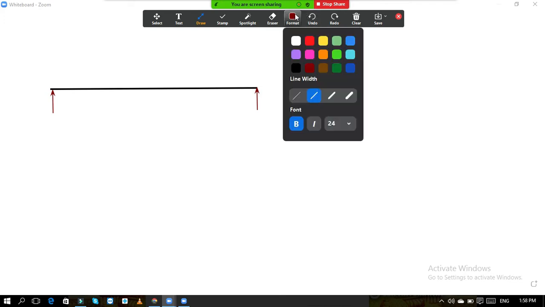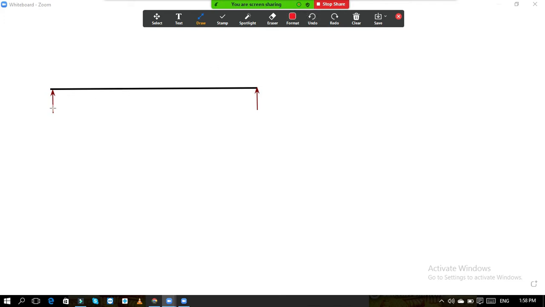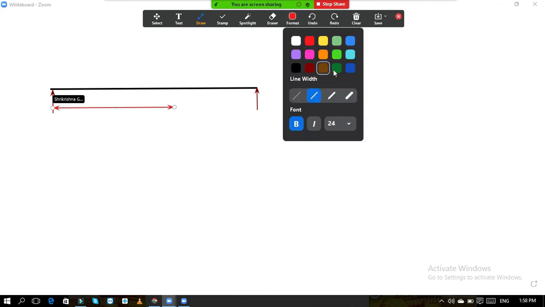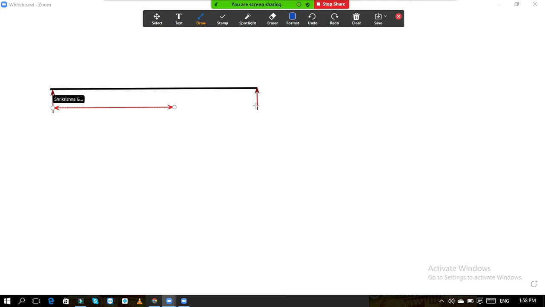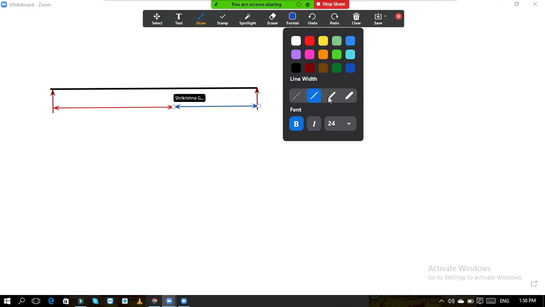So from this point at a distance of roughly 2.92 meter, your flight load is there, and from this end, that is from the remaining point, here it is 1.51. So I will write the values.